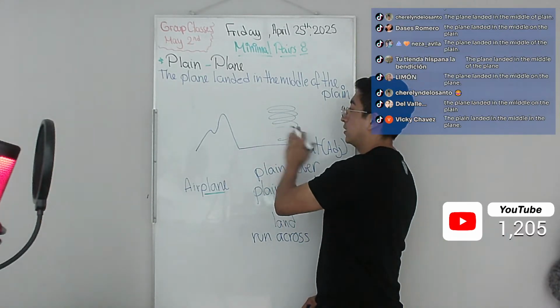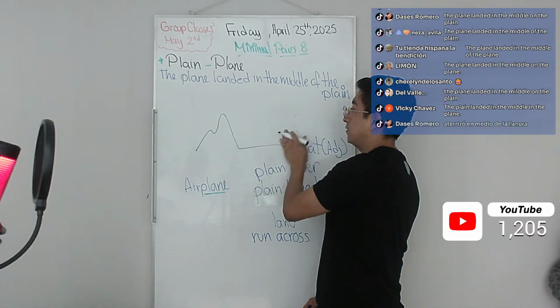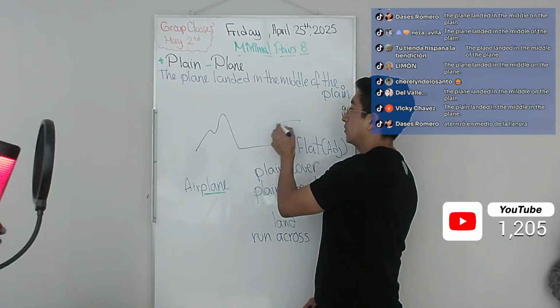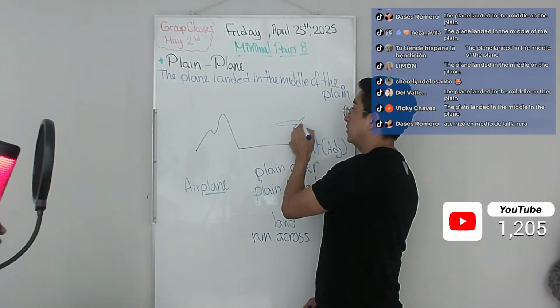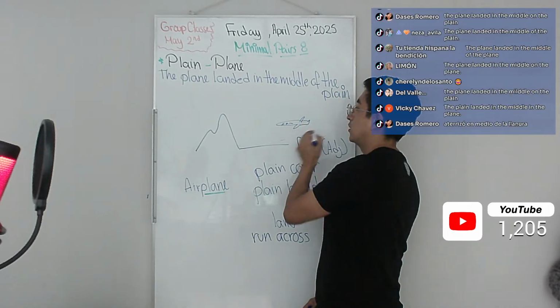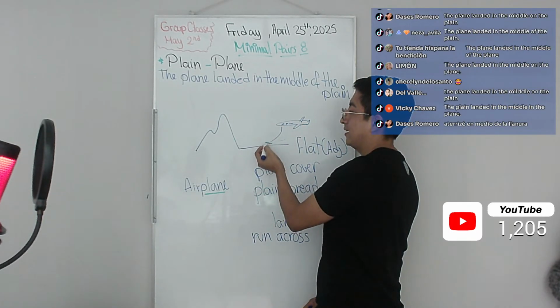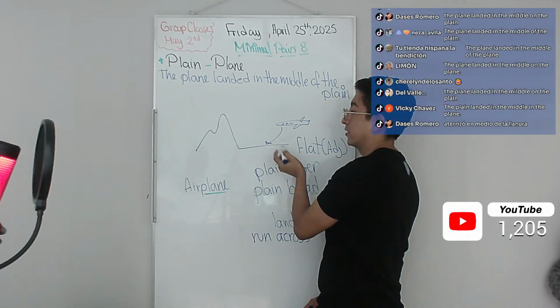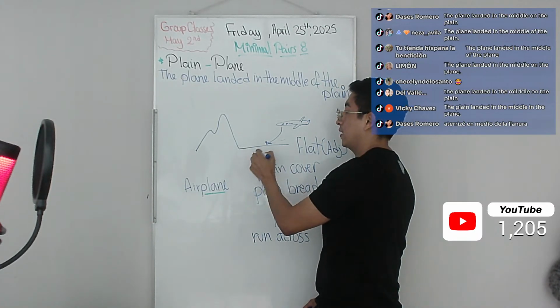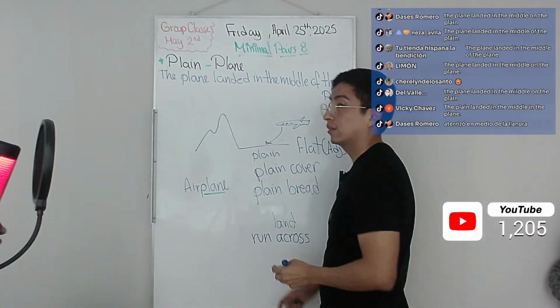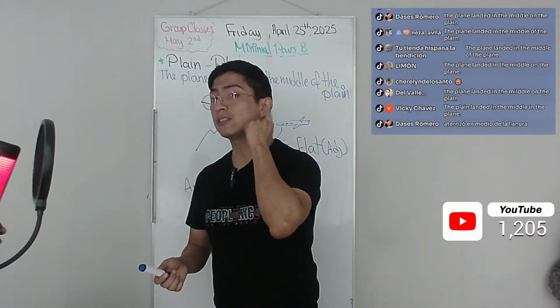Okay, we can draw here a plane. Landed here, now in the middle of this area that is called a plane. Very good. So we have to listen, right?